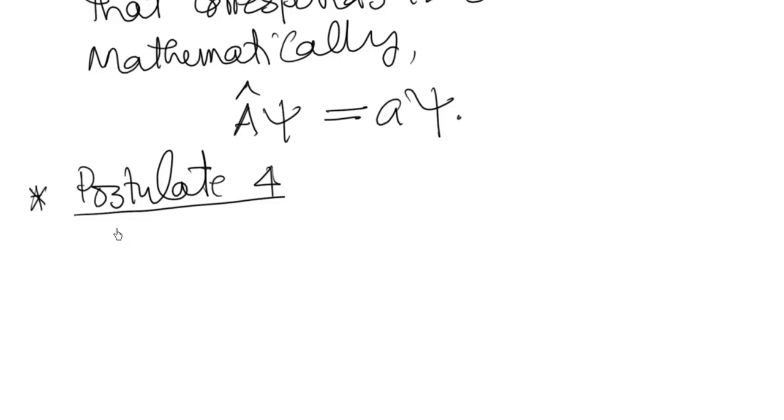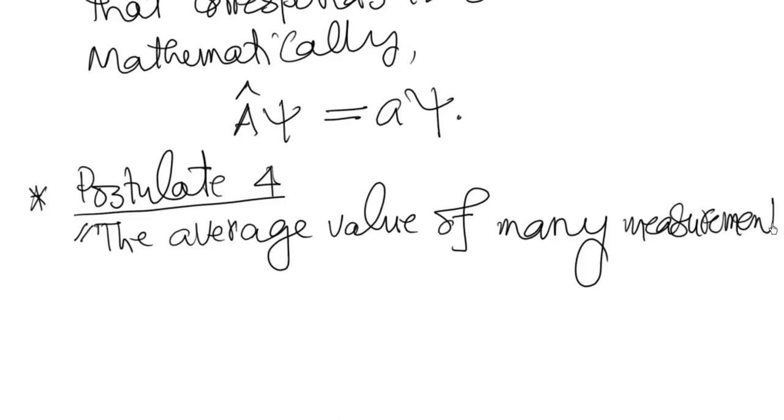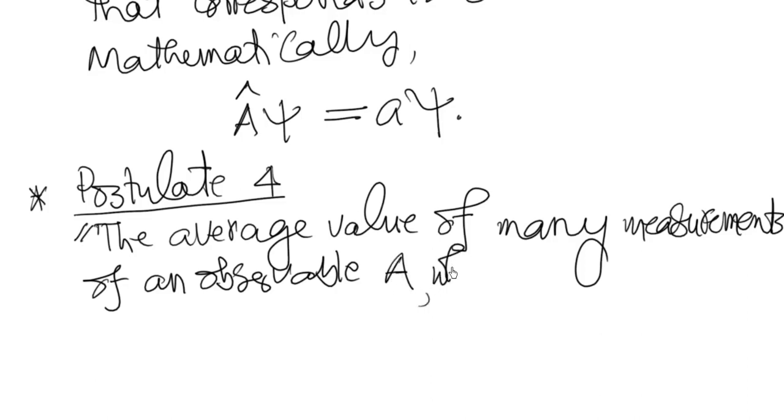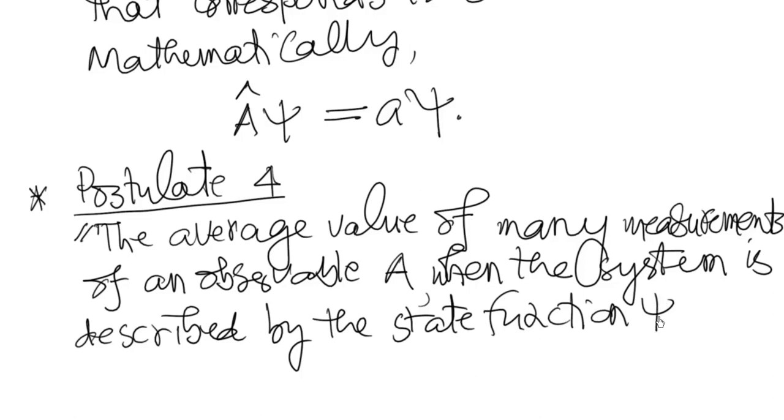The average value of many measurements of an observable, say capital A, when the system is described by the state function psi, is equal to the expectation value.